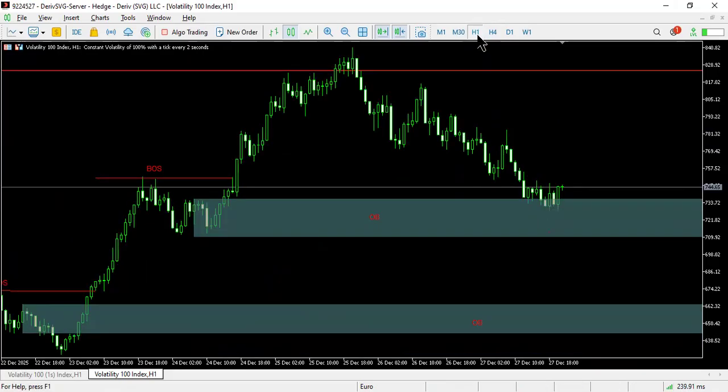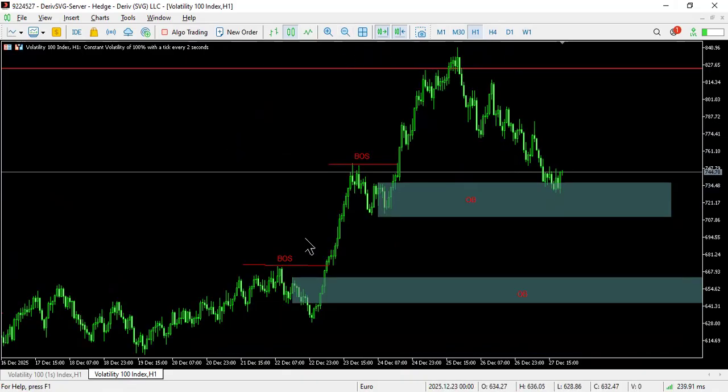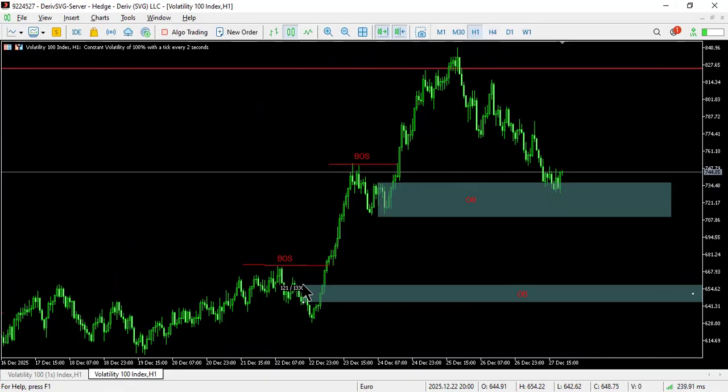And then if you go to the 1 hour, from the 1 hour time frame, that is where the order block is. That is the 1 hour order block.